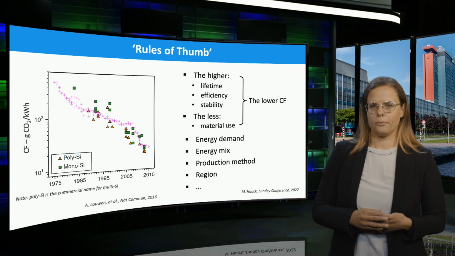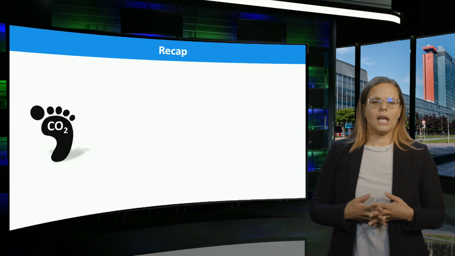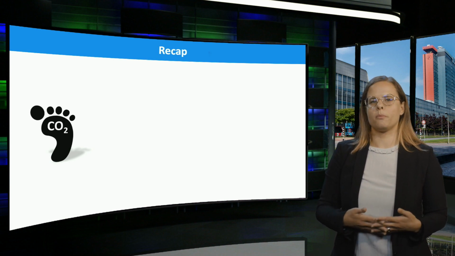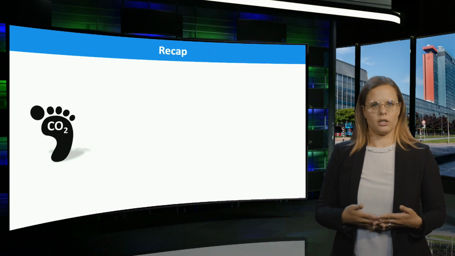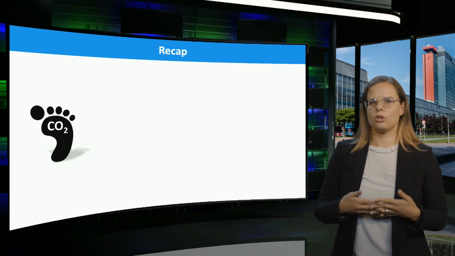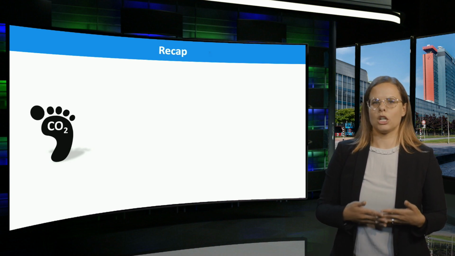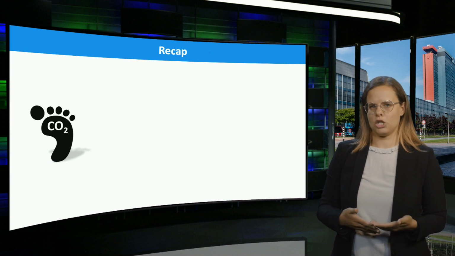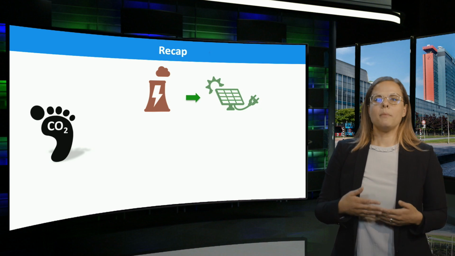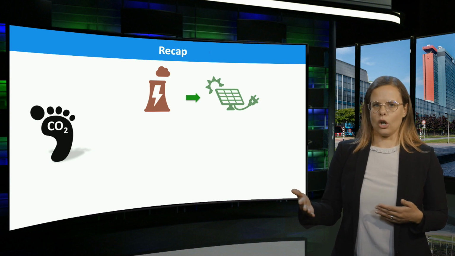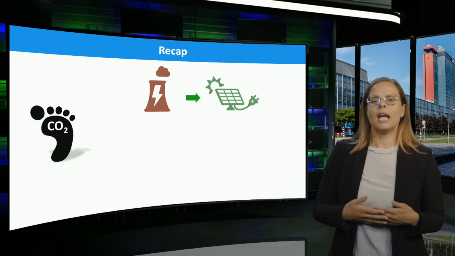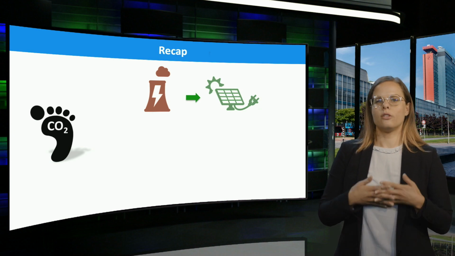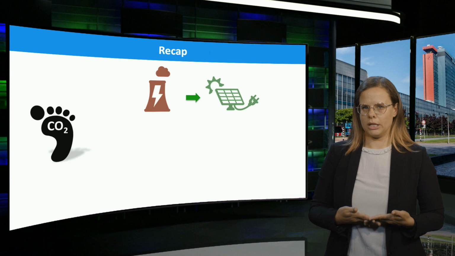To recap, in this lecture, we introduced the concepts of global warming potential and carbon footprint, which can be used to evaluate the environmental impact of PV technology via the CO2 equivalent emissions. Aiming at the net zero emission goal by mid-century, the energy transition from fossil fuel-based energy systems to renewable-based ones is prominent.